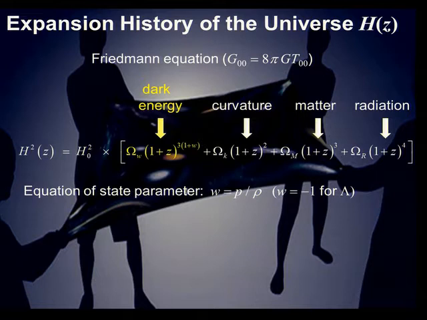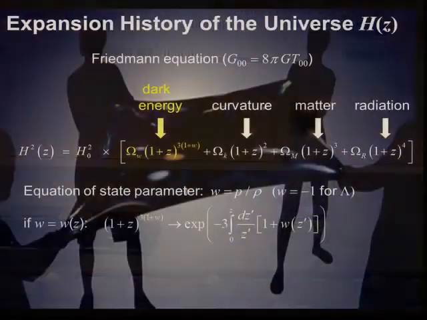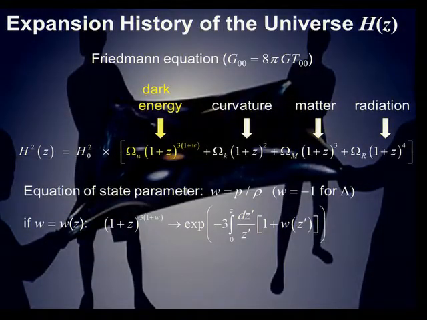W is minus 1, so this exponent is 0, for a cosmological constant. So perhaps there's another parameter that should be included. And perhaps this parameter should be a function of redshift. If W is a function of z, then this term is replaced by something a little more complicated involving W as a function of z.